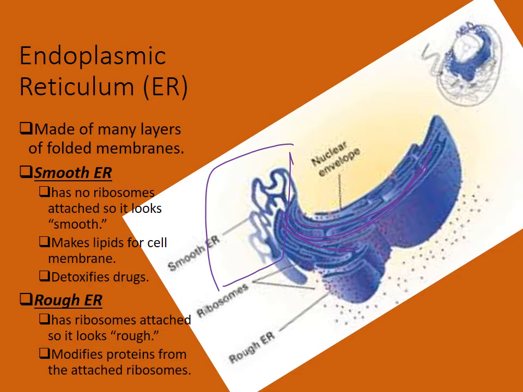The rough ER is rough because it has these studded ribosomes attached to it all over. It's like an ER with acne. The main job of the rough ER is to modify the proteins that are made by the attached ribosomes.